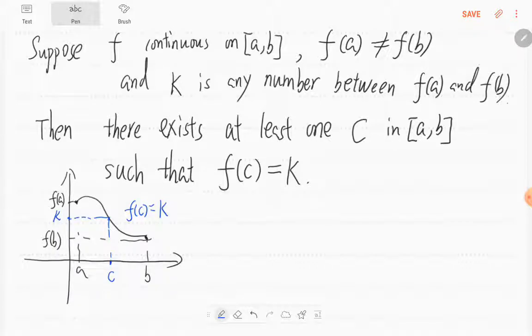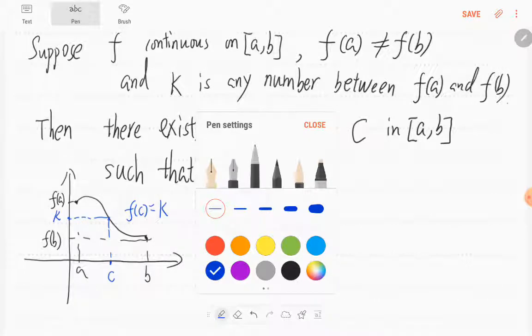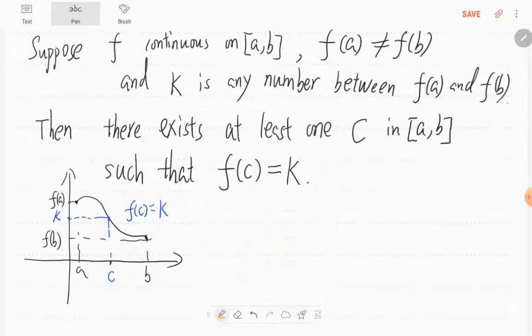This IVT theorem has many applications in computer science and in other courses. One application is the bisection method.